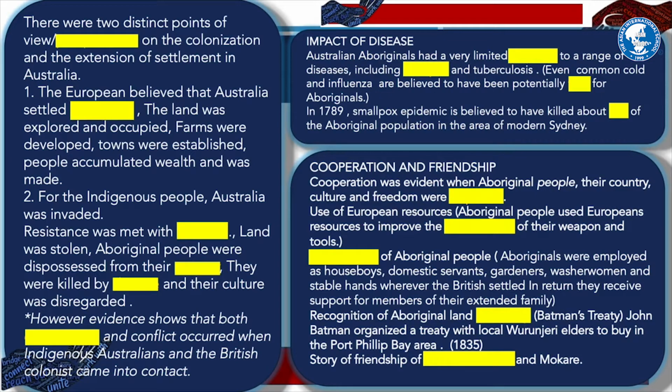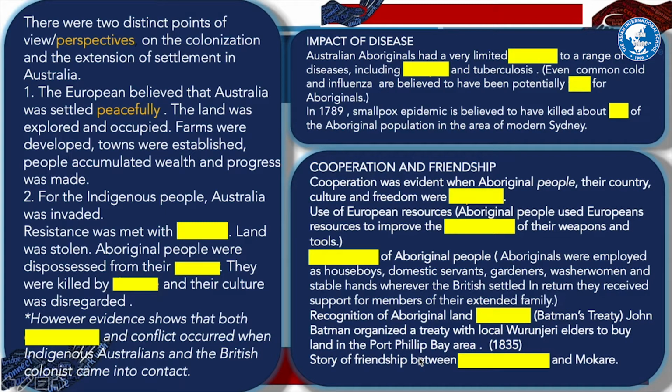There were 2 distinct points of view or perspectives on the colonization and extension of settlement in Australia. First, the Europeans believed that Australia was settled peacefully, the land was explored and occupied, farms were developed, towns were established, people accumulated wealth and progress was made.